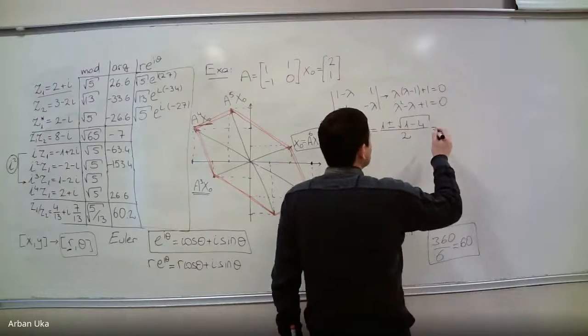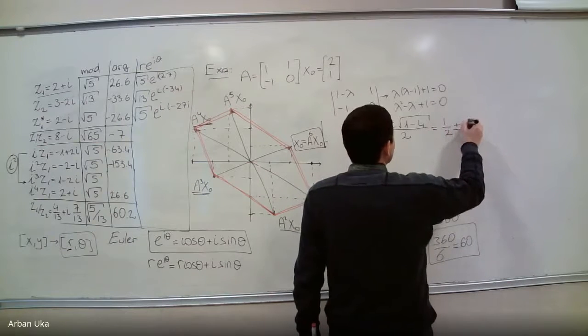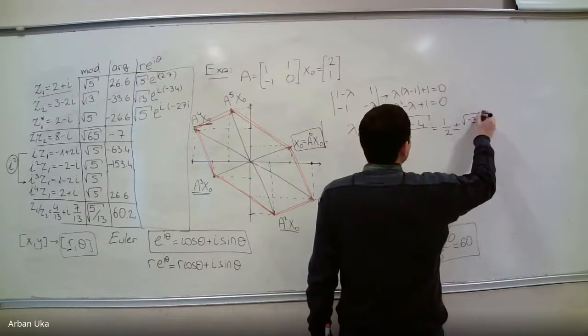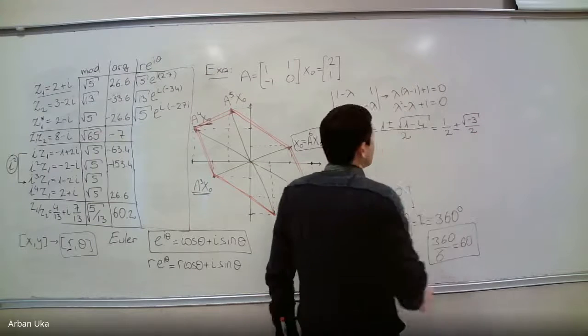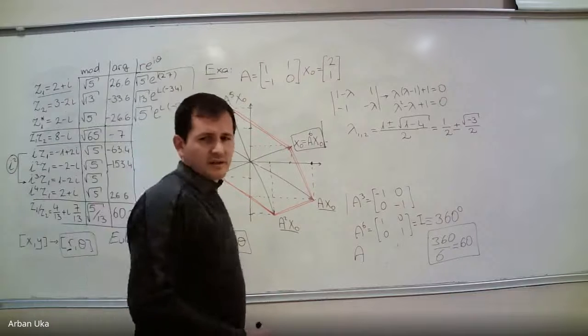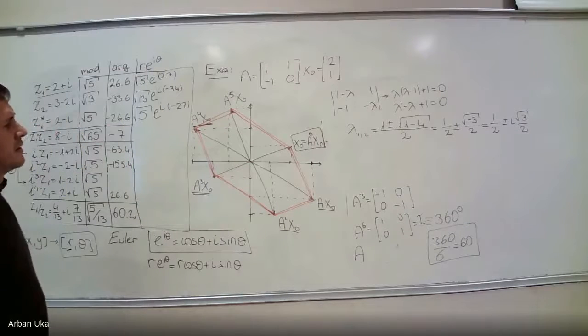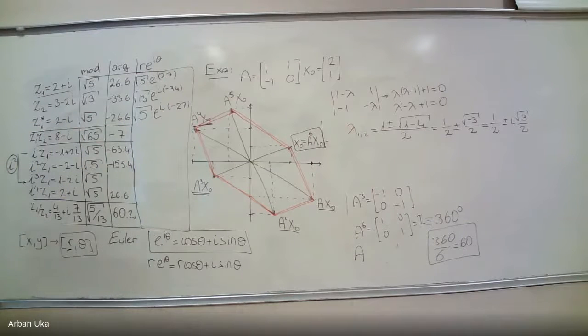And this is equal to 1 over 2 plus or minus the square root of minus 3 divided by 2. Okay? So, what is the square root of minus 3? The square root of minus 3 is going to be the square root of 3 times the square root of minus 1. So it's going to be the square root of 3 times i. That's correct. Okay. So this is what we obtained.